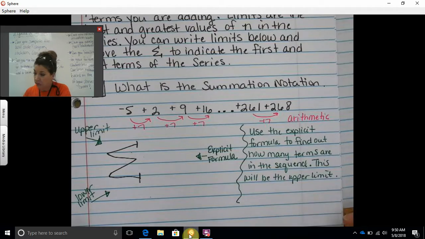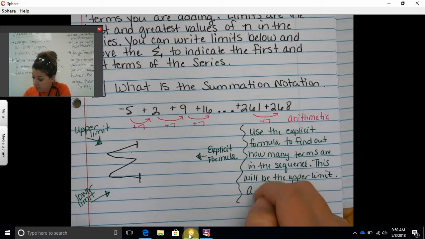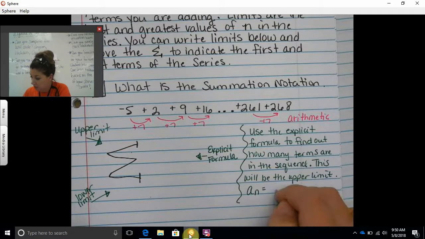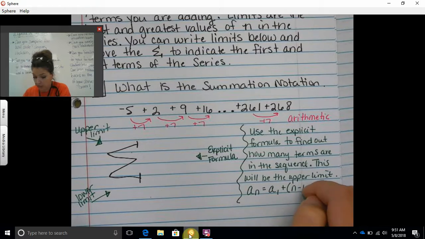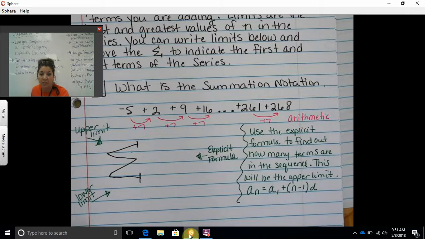So remember, arithmetic and geometric, they have different formulas. So if we're using the explicit formula for arithmetic, that is a sub n equals a sub 1 plus, open parentheses, n minus 1 times d. D is my common difference. And I just want to figure out how many terms are there.